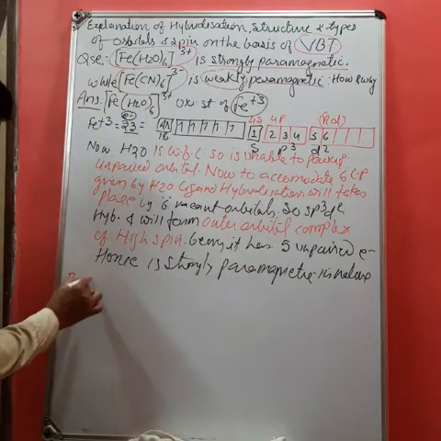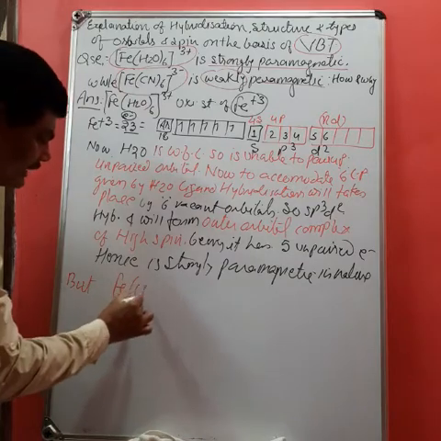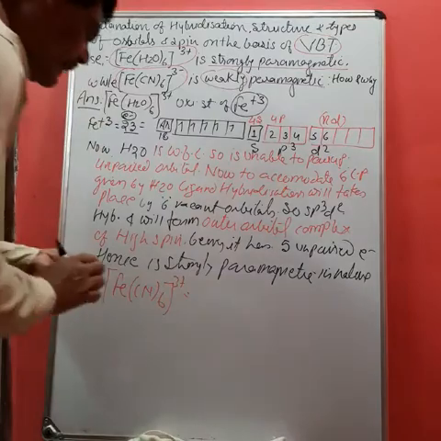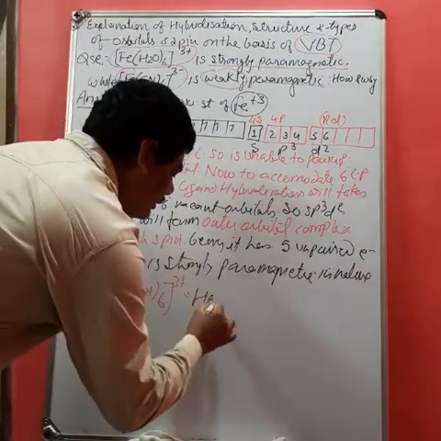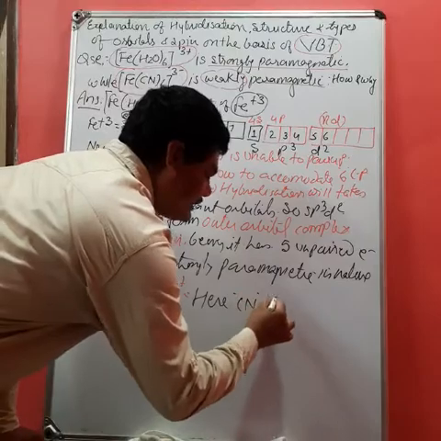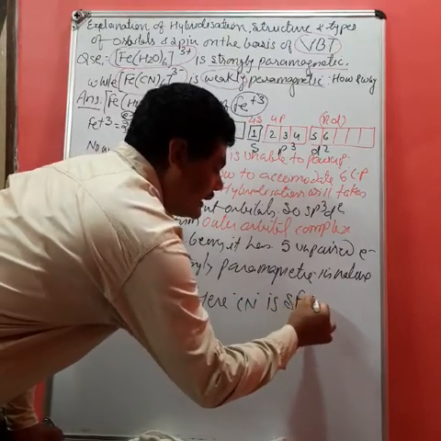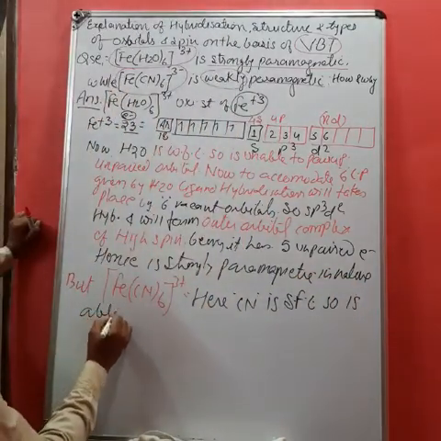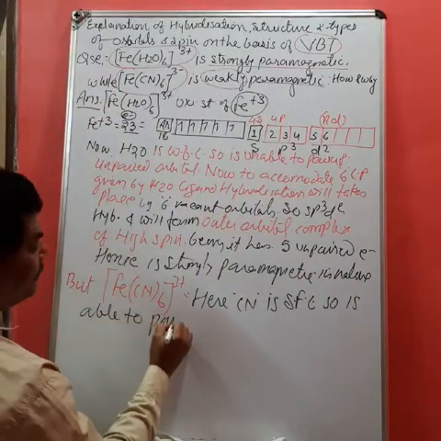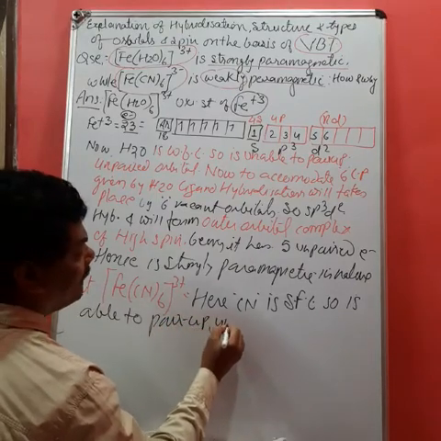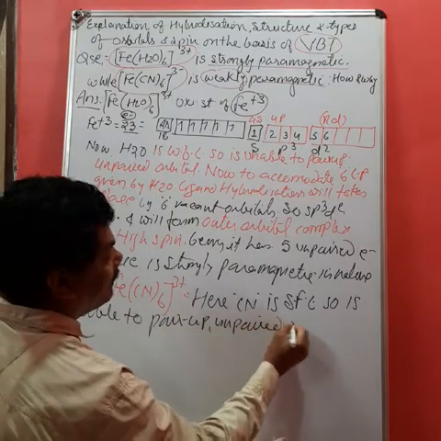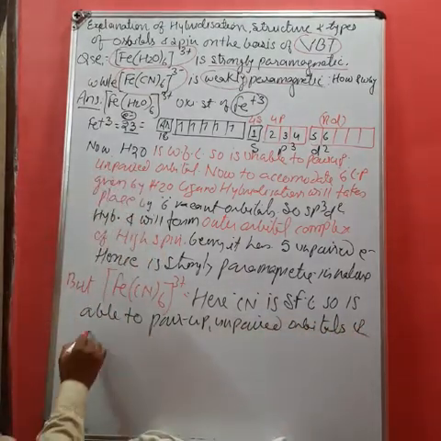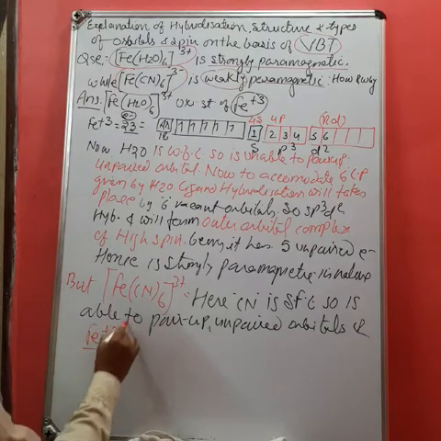Now the second question is the next one: [Fe(CN)6]3-. Here CN is a strong field ligand, so it is able to pair up the unpaired orbitals of Fe3+. How is it?